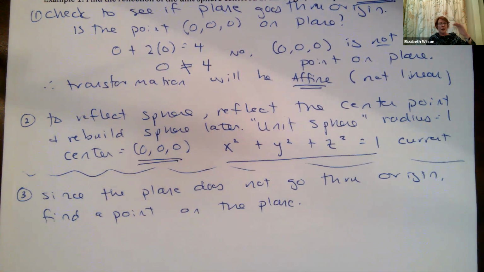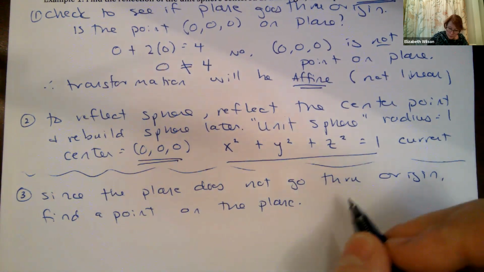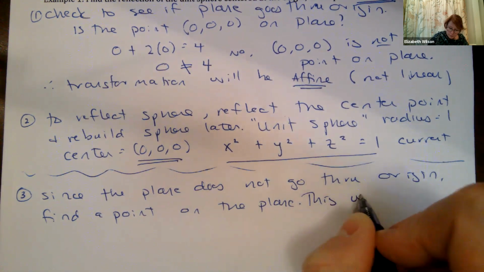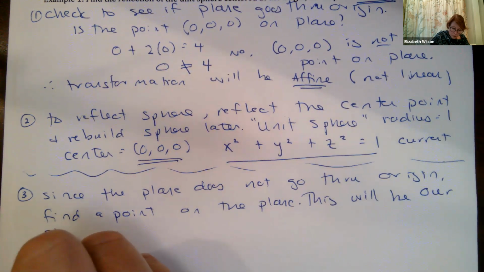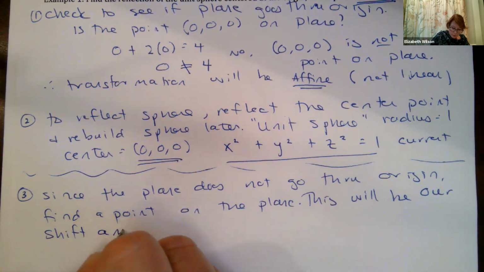I need some reference point. This is a reference point, right? Because that reference point is going to help me move the origin up to that spot. This will be our shifting of our world, our shift amount.